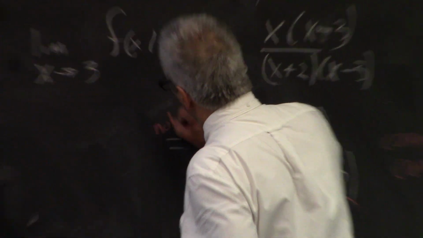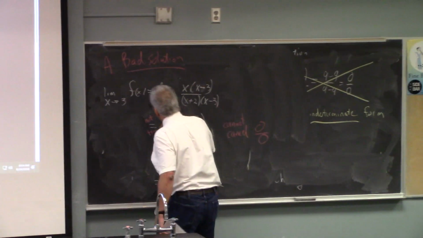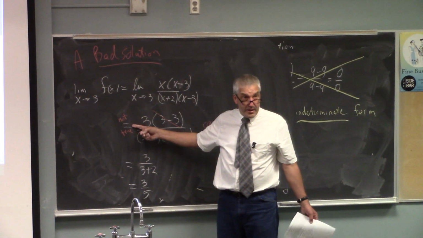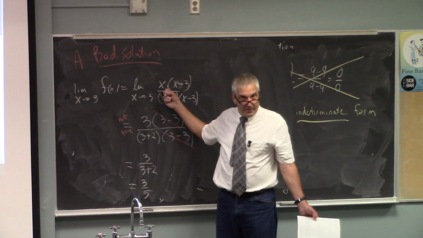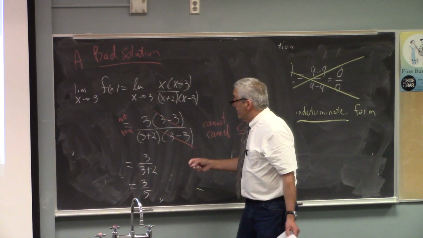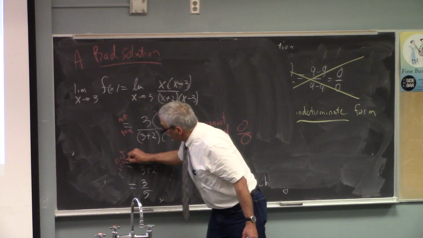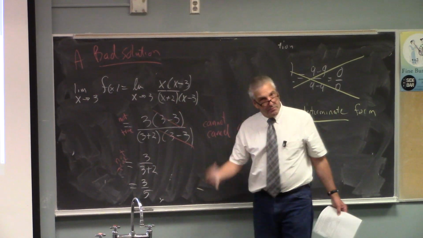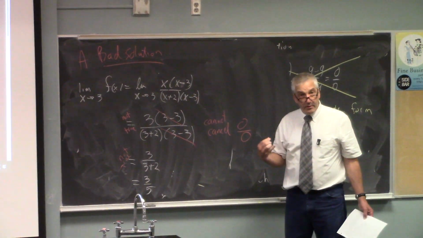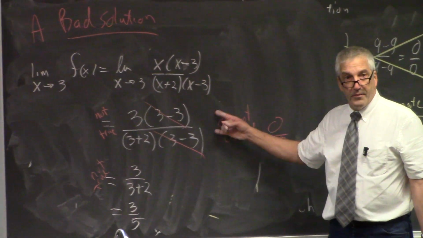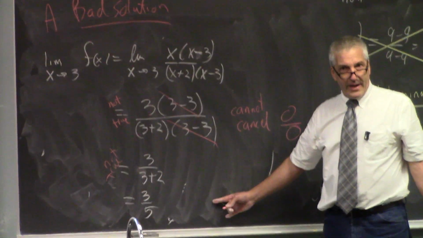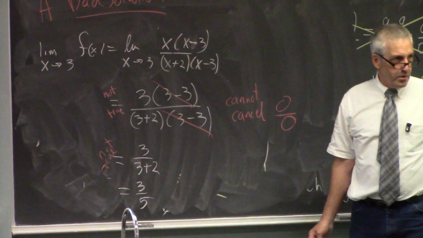So this is invalid. You can't do the limit by plugging in 3 at this point because it results in the denominator being 0. And this is not true. This person made two fatal mistakes. This is not true, and this is not true. I ended up with the right answer, but this is just simply not how limits work.